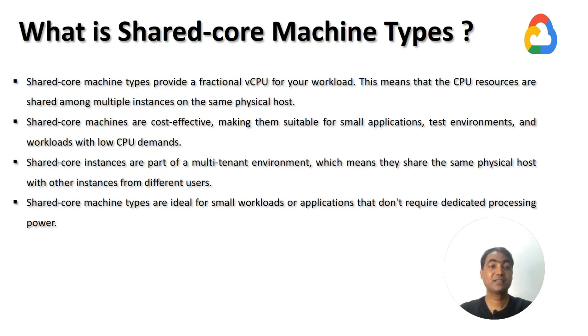Shared core machines are cost effective, making them suitable for small applications, test environments and workloads with low CPU demands. Shared core instances are part of a multi-tenant environment, which means they share the same physical host with other instances from different users. Now guys, I hope you can understand what shared core machines are in Google Cloud Platform.